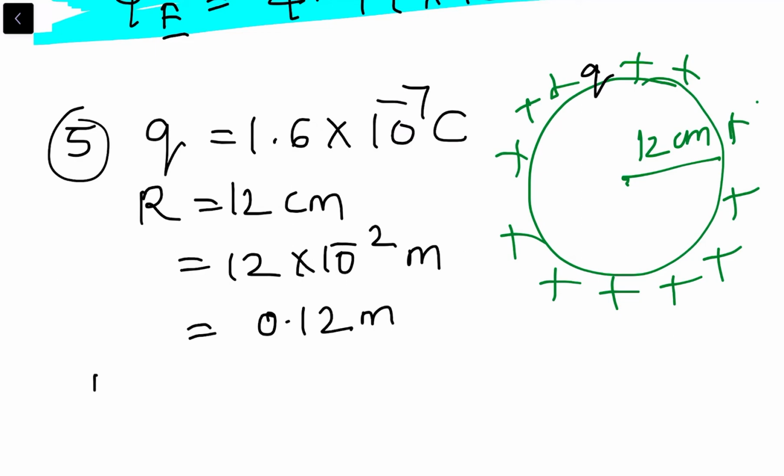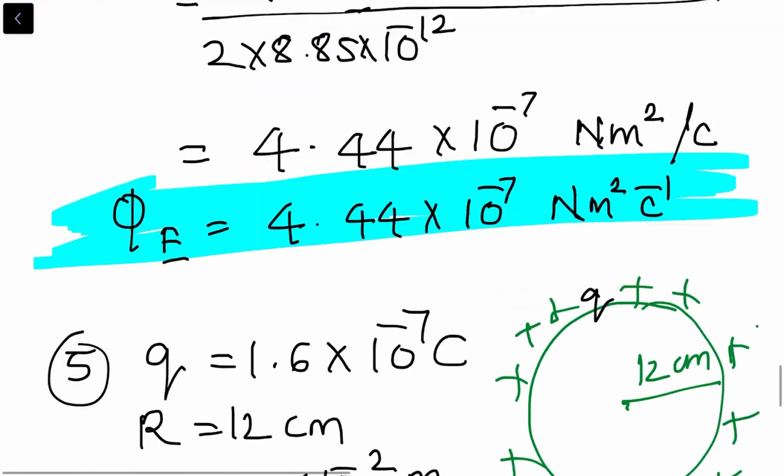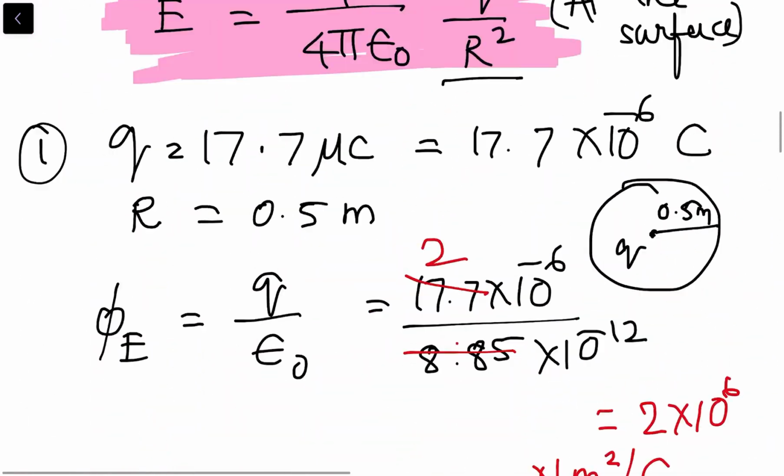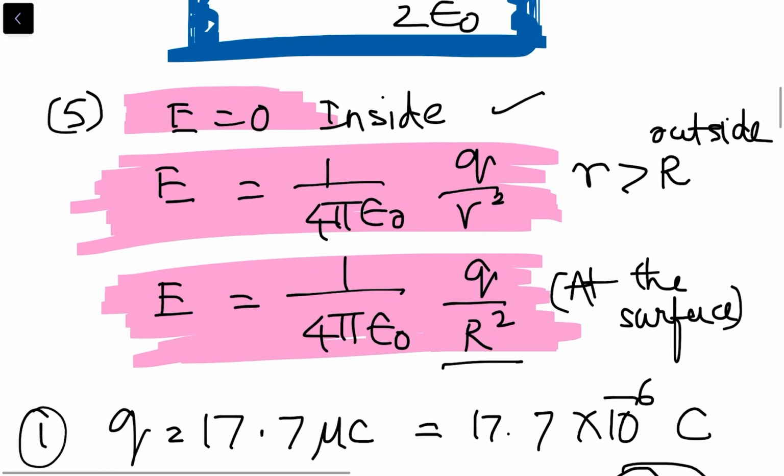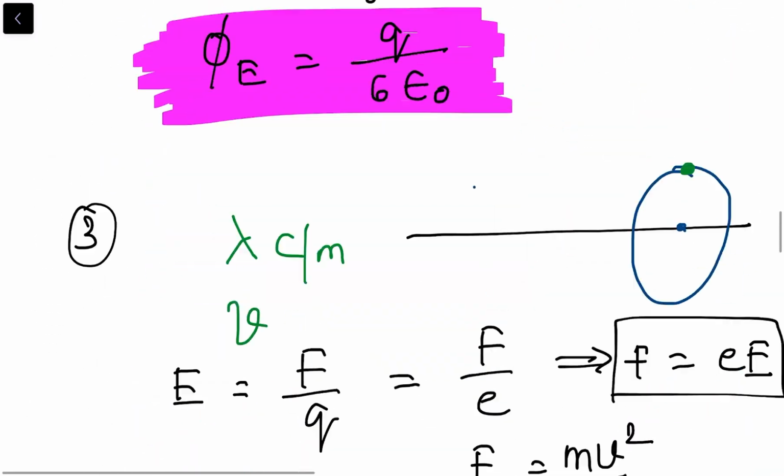Without doing any calculation, we can say inside E is equal to 0, because I have already shown you here. Then just outside the sphere, that is at the surface of the sphere, you can see from here, 1 by 4 pi epsilon naught Q by capital R square. So let us apply that formula.